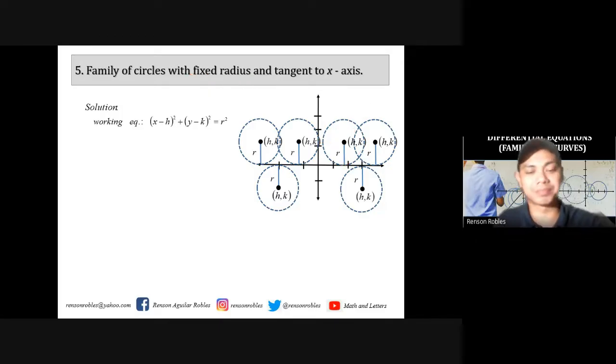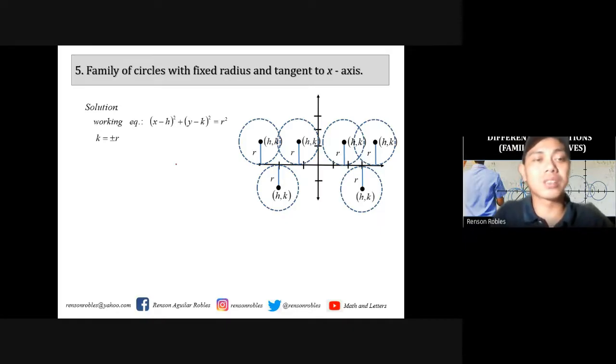So we can say that k is equal to plus or minus r. But why is there a plus or minus r? It's because positive r represents those circles above the x-axis, and negative r represents those circles below the x-axis. So that's why k is equal to plus or minus r.